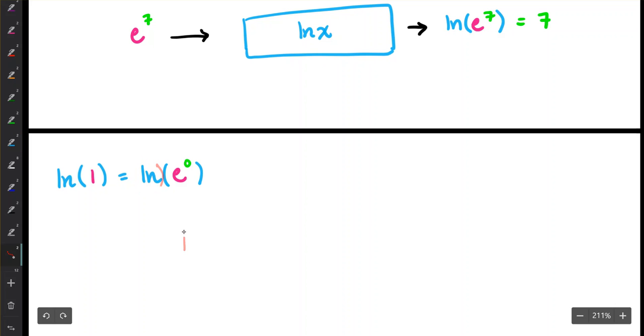Natural log gobbles up a power of its base, a power of e, and it spits out the exponent. ln of, how about square root of e? Well, square root of e is e to the 1/2 power. I'm taking in a perfect power of my base. I'm taking in a perfect power of e. All I'm going to do is spit out the exponent.